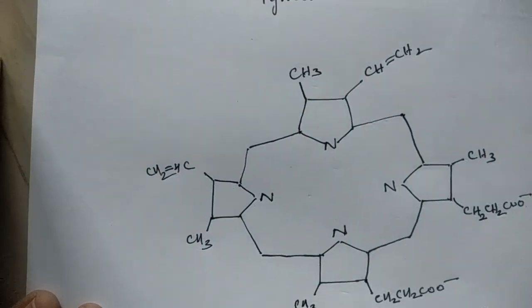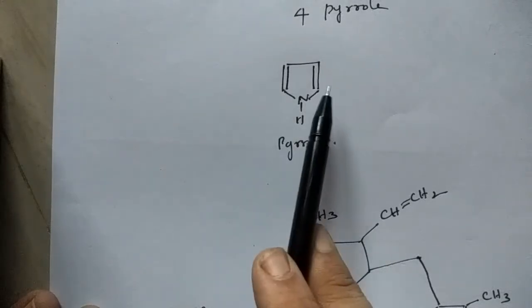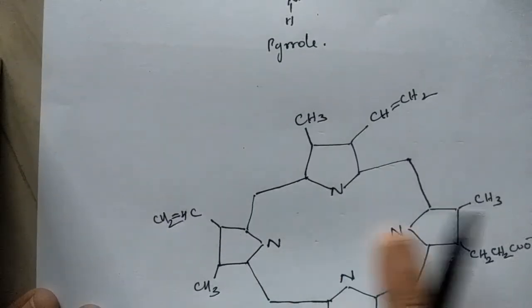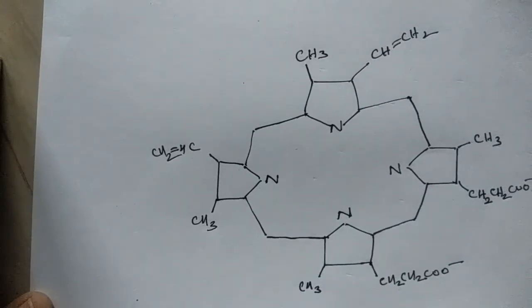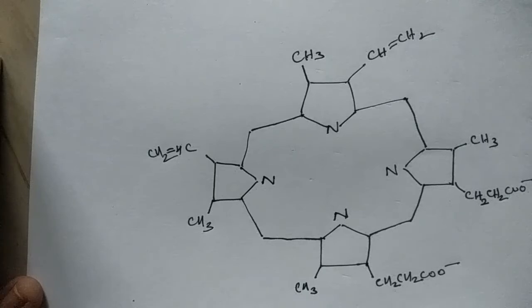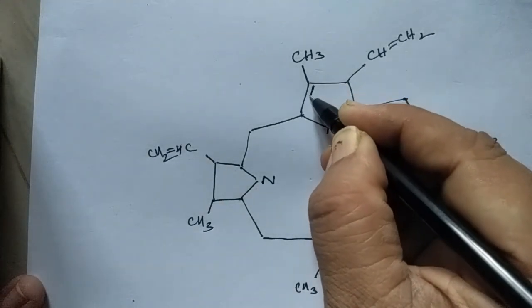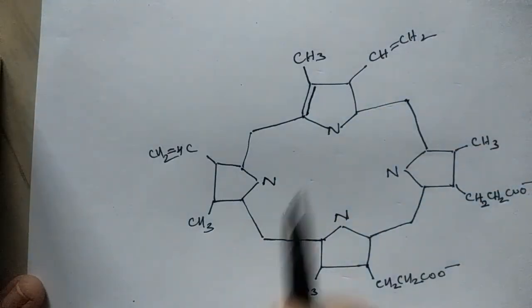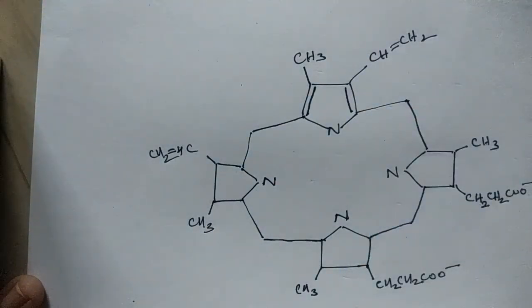Okay, now since you've got pyrrole, you have the double bonds. Now you have to put the double bonds over here. For that you should understand that there will be alternate double bonds and single bonds. So we'll start from one side. Suppose this has got a double bond over here, then single bond, then the next double bond.